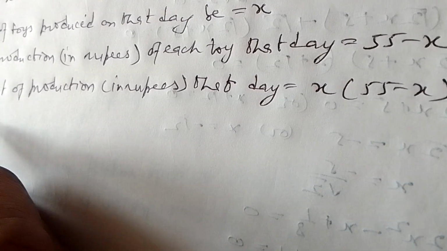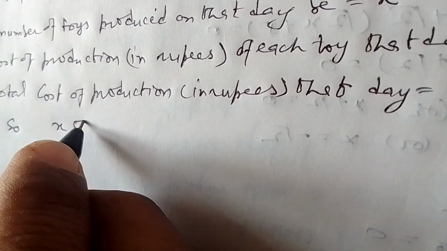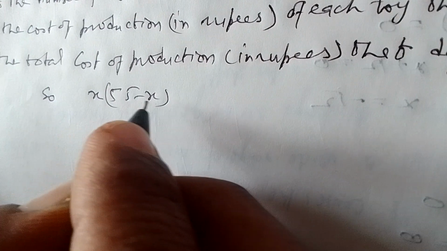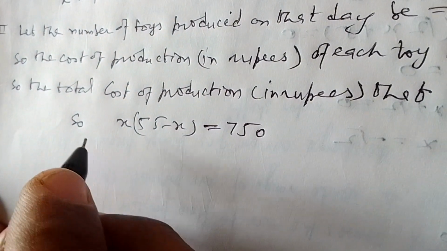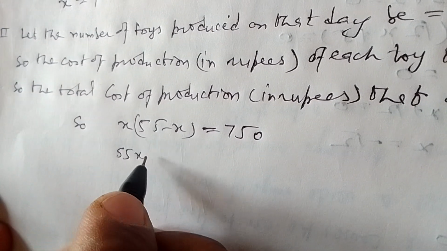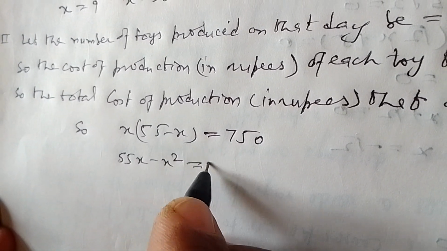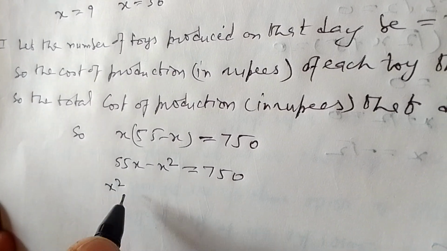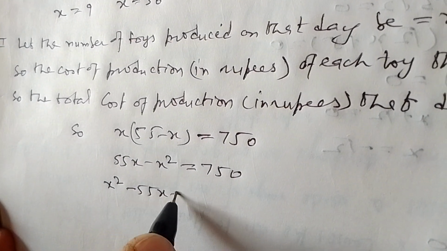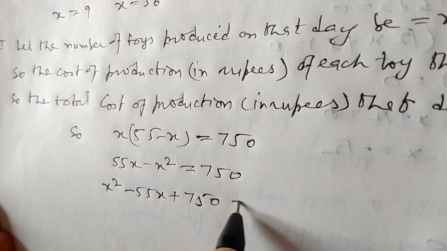So according to the question condition, x multiplied by 55 minus x is equal to 750. So 55x minus x square is equal to 750, or we can write it as x square minus 55x plus 750 is equal to 0.